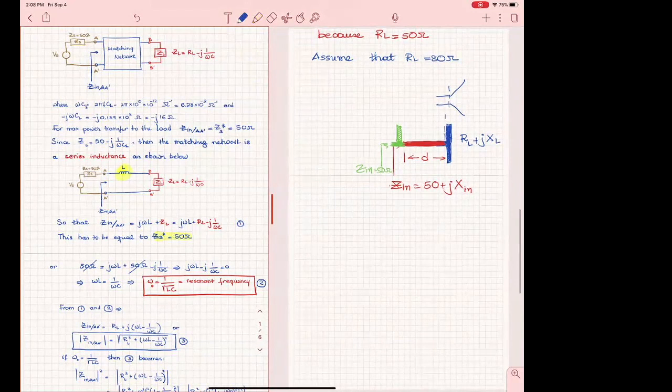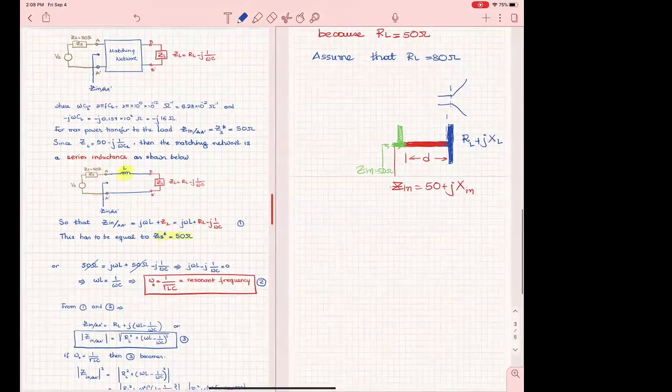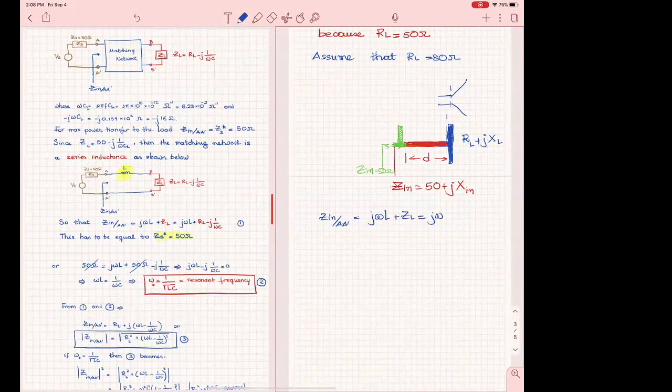So my Z in this case will be J omega L. I don't have a transmission line anywhere, all right? So I'm just doing circuit analysis, plus Z sub L. So it's going to be J omega L plus R sub L minus J 1 over omega C.